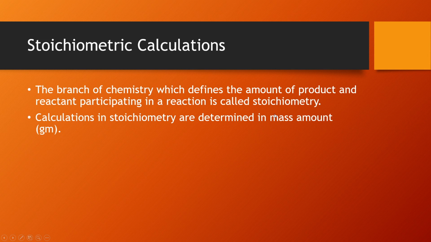Now we are coming to the next point, that is stoichiometric calculations. Stoichiometry is the branch of chemistry which defines the amount of product and reactant participating in a reaction. Calculations in stoichiometry are determined in mass amount, that is, in gram.